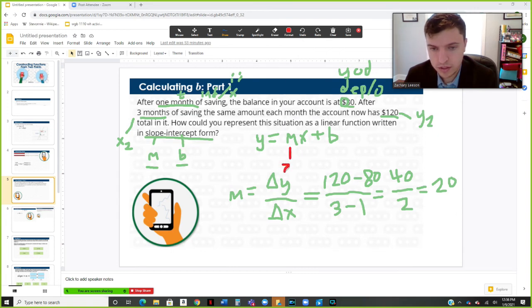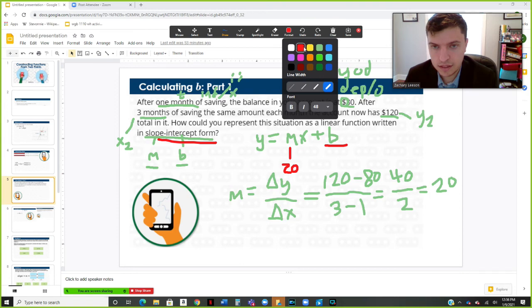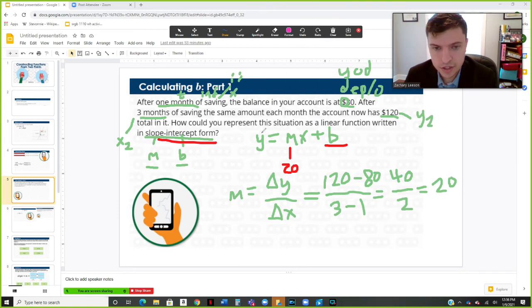So 20. And now to get this in slope-intercept form, I still need to find my b. So handy dandy thing here, I just use the information that I have. I have some x and y values that I can substitute in to make this work, right?